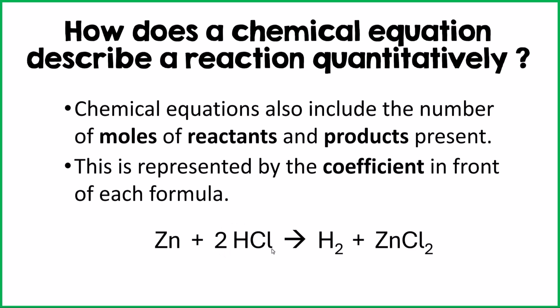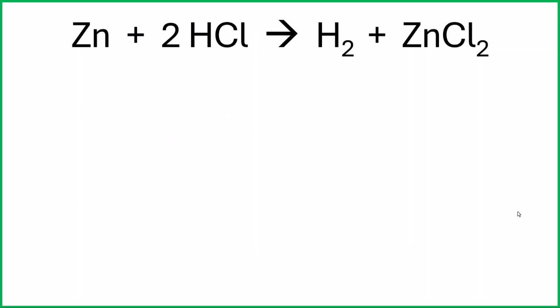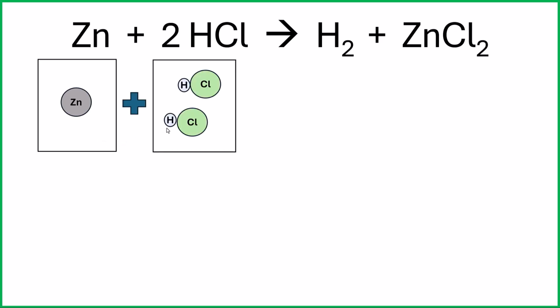So there's going to be twice as much hydrochloric acid when we're comparing moles, so not necessarily in mass form, but twice as many molecules of hydrochloric acid than there are of zinc in order to get this reaction to go. So if we look at this in particle diagrams, we'd have 1 atom of zinc plus 2 atoms of hydrochloric acid.